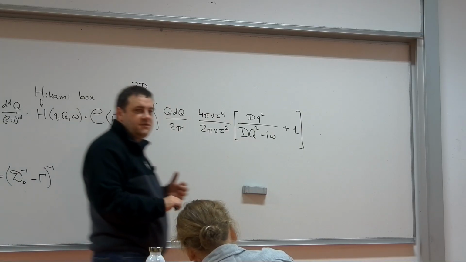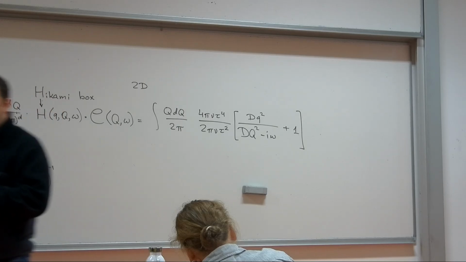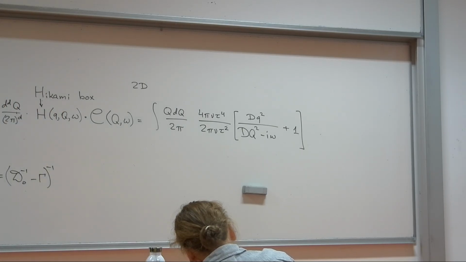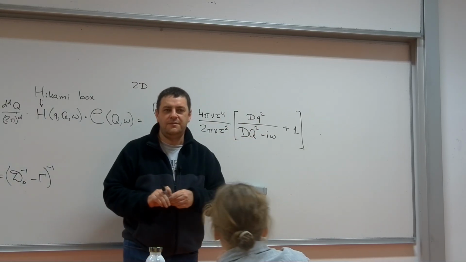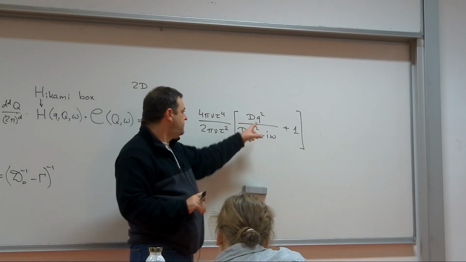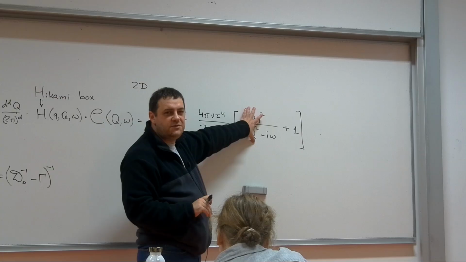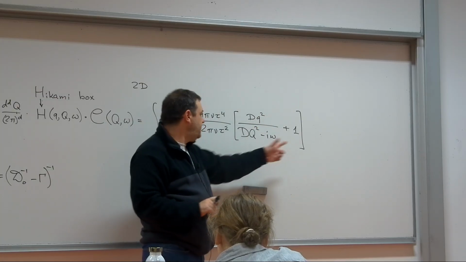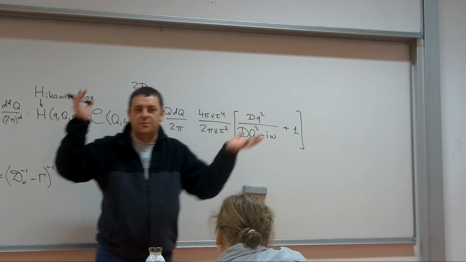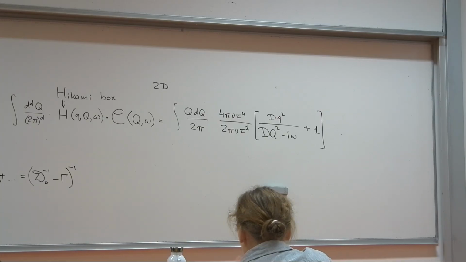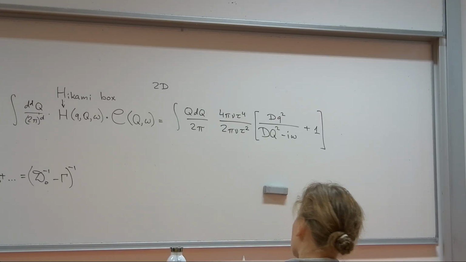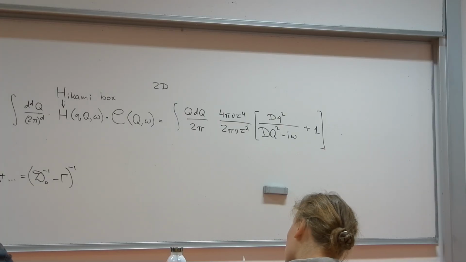And this is still not right, but already better. What happens if small q is 0? If small q is 0, this term disappears, 1 remains, some number, infinitely large actually.